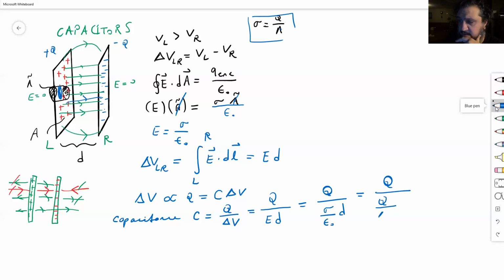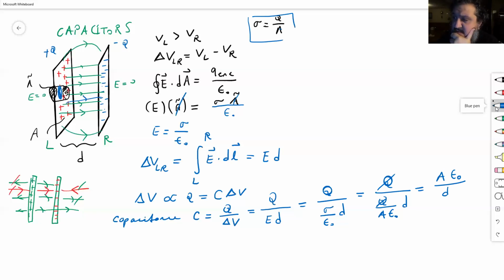Q over area divided by epsilon 0 and then multiplied by D. So if I get rid of the charge, now I have an expression which is just in terms of the physical dimensions of the plate, the area divided by separation of the two plates times epsilon 0. All right.